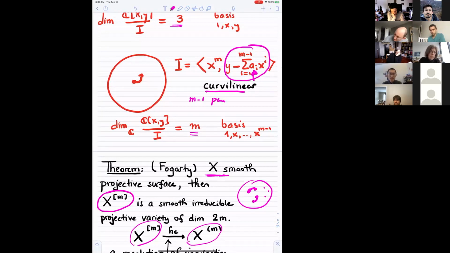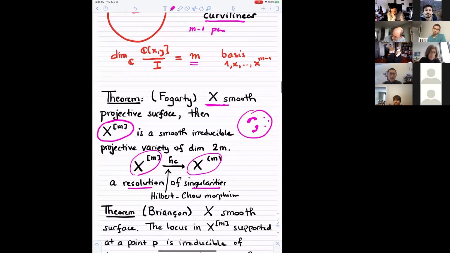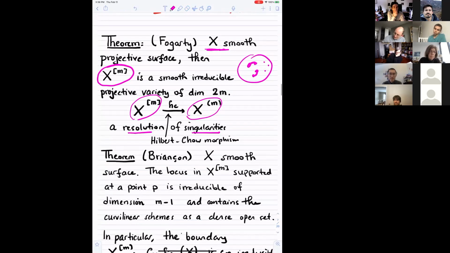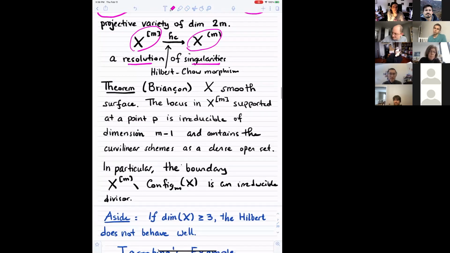So already something supported at one point can depend on these m-1 parameters. The theorem of Briançon tells you that actually the locus of things supported at just one point is irreducible and of dimension m-1 and contains these curvilinear schemes as a dense open set.